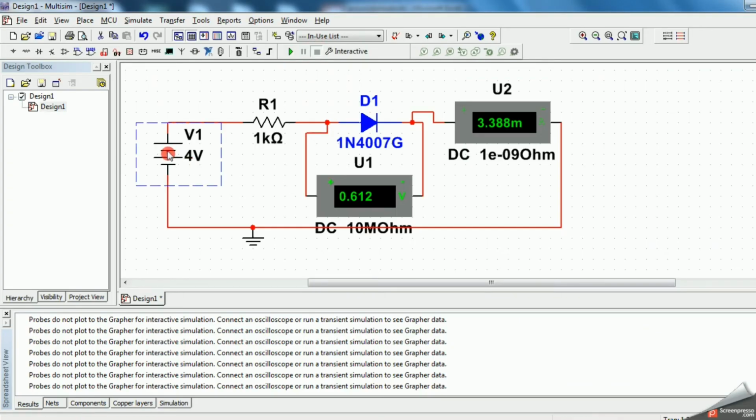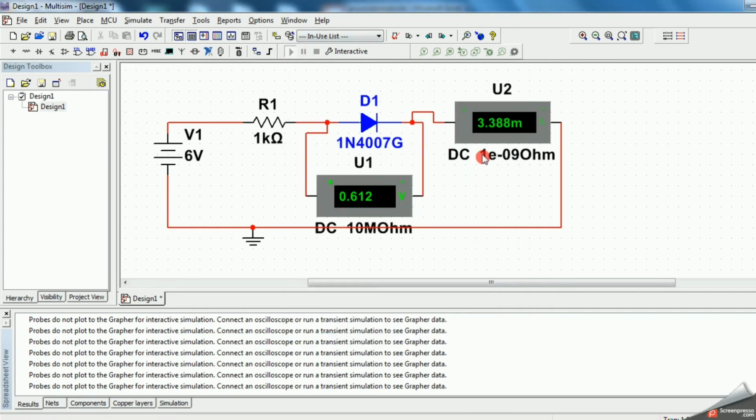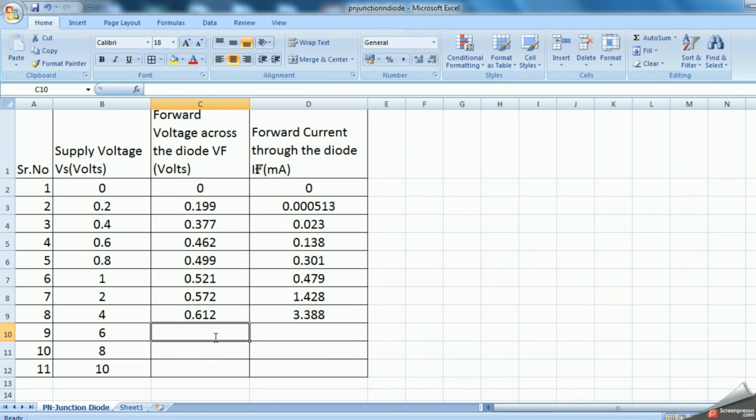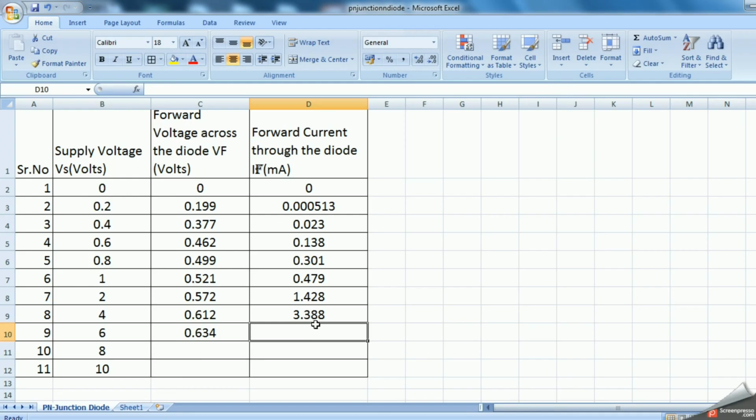Next make the supply voltage 6 volt. Double click, 6 volt. Okay, run. Voltage across the diode is 0.634 and current is 5.366 milliampere.